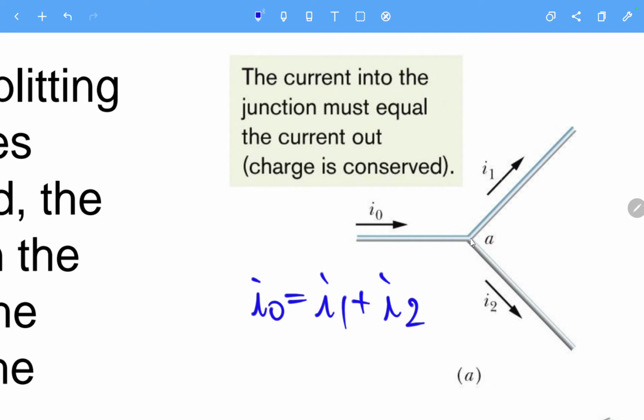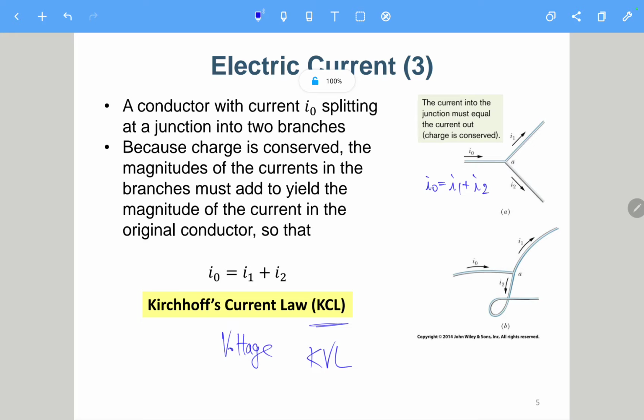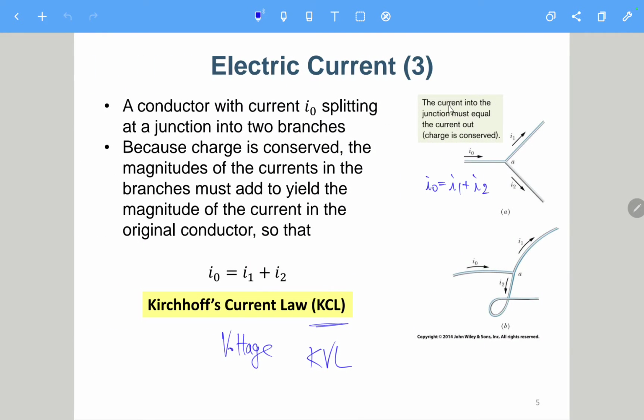If there are more lines connecting to the same junction, there will be more terms. But simply speaking, the current going into the junction must equal the current going out. Usually I will not use it like this.